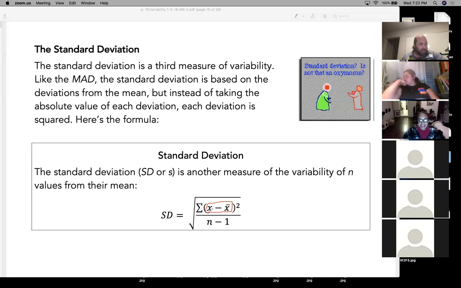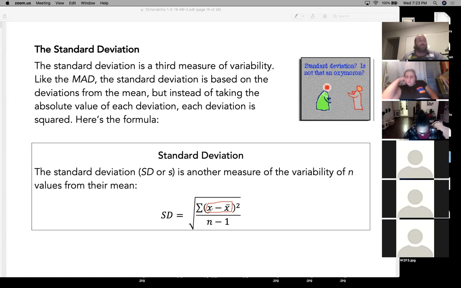When you add them all together, so if we had that previous problem, troop C, we would do 4 squared and then 4 squared and then add that. For troop C, which was 2, 6, 6, 6, 6, 6, 6, 6, 10, right? Yes, so you would do the 4 squared, 0 squared, 0 squared, and so on, 4 squared.